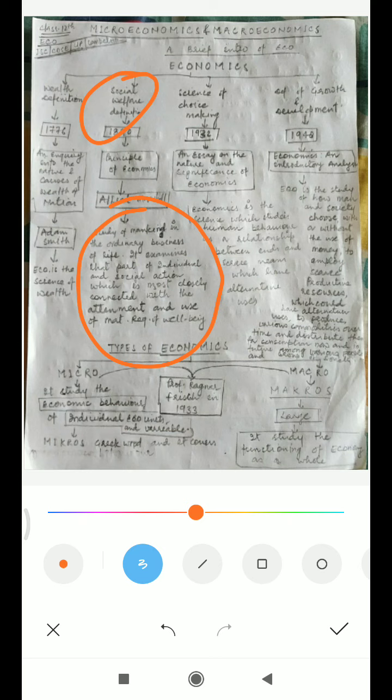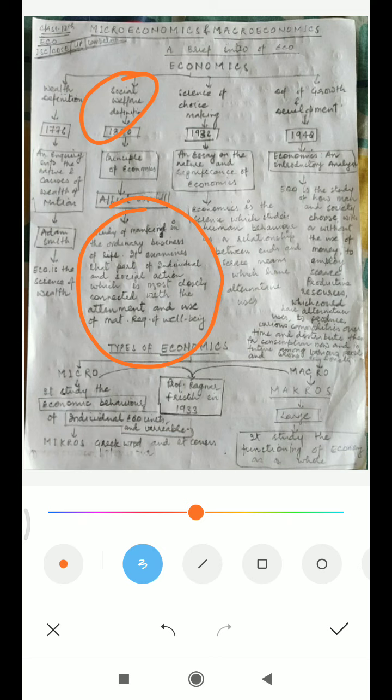It examines that part of individual and social action which is most closely connected with the attainment and use of material requisites of well-being. What are the contents of Marshall's definition? Marshall said it is the study of mankind. It means it studies only the role of man.